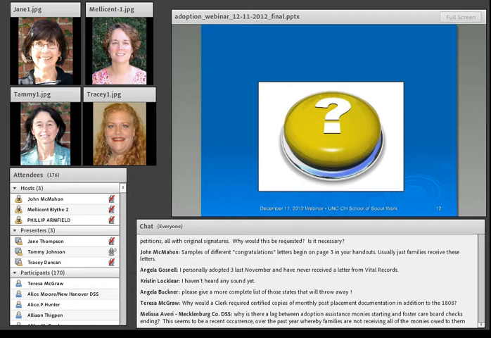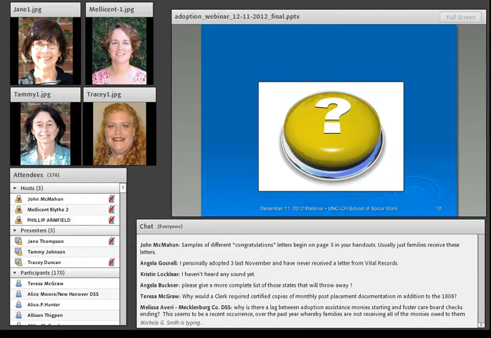I still think signing 3 originals is a good thing. So the clerk will have one, the DSS or private agency will have one, and then the adoptive parents, I think, need to have one. But DHHS does not. We can just have a copy.